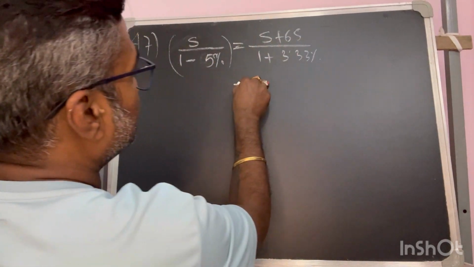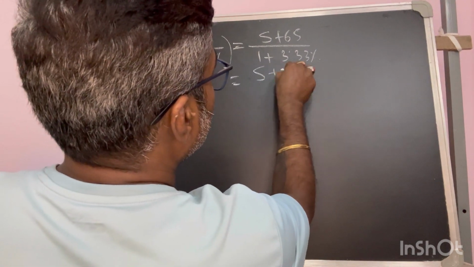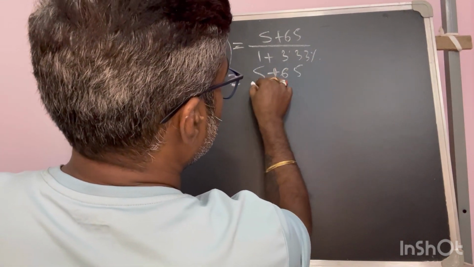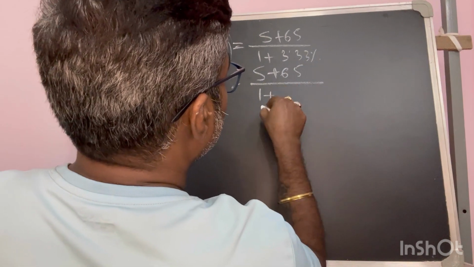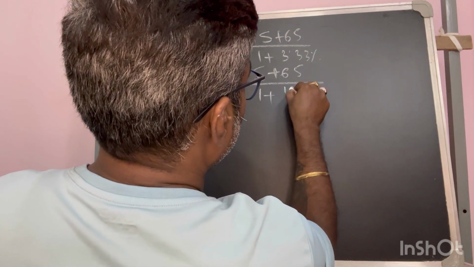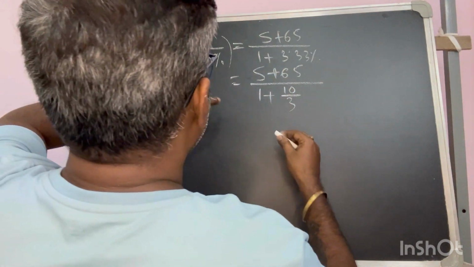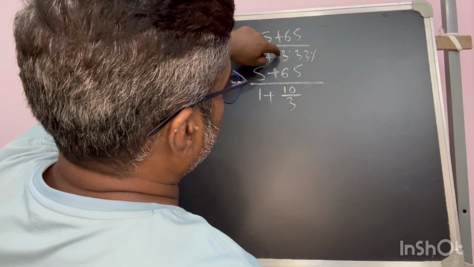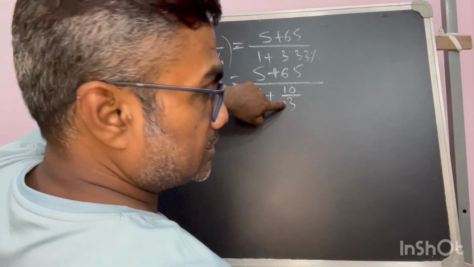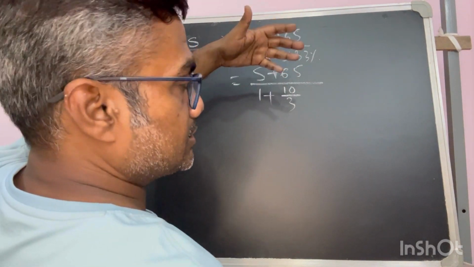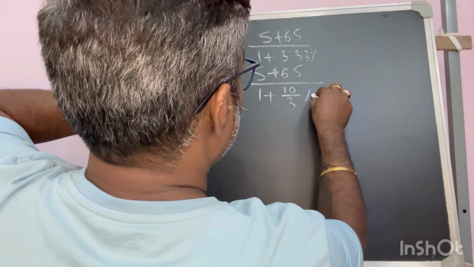Now there I can take an approximation to make this calculation easier. I have calculated it later on after discussing the problem. I think 3.33 can well be taken as 10 by 3 as an approximation. That will make this problem easier.